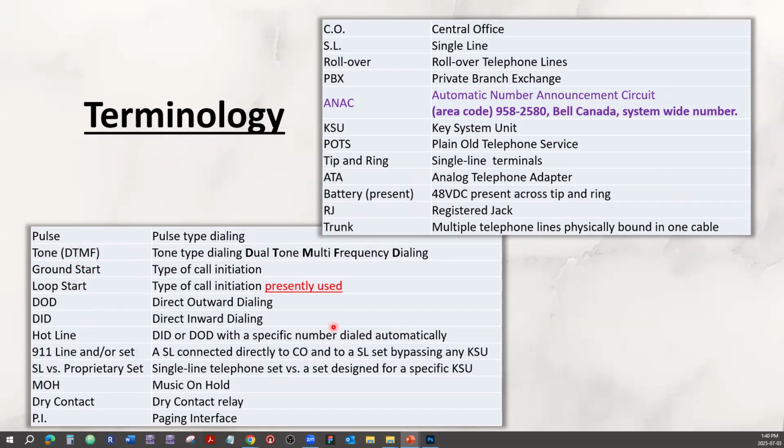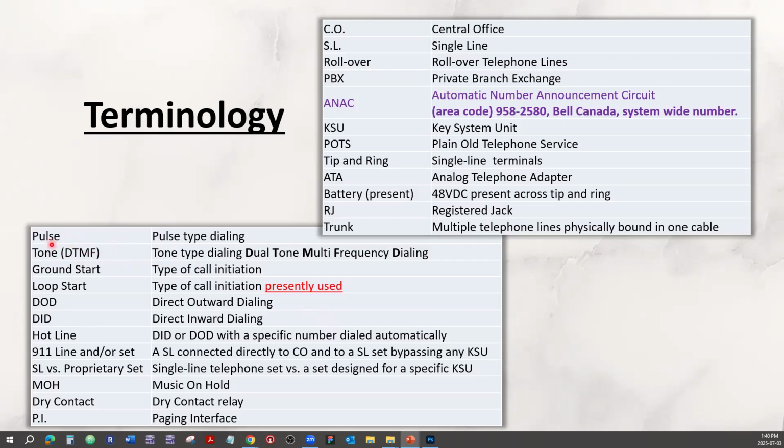Let's take a look at some of them that we maybe didn't have a chance to cover. Pulse and tone dialing. This quite often has something to do with programming the telephone system, the box that is called a telephone system, to work the way that's intended. And between one business and the other, one client and the other, some of the programming might be slightly different according to the needs.